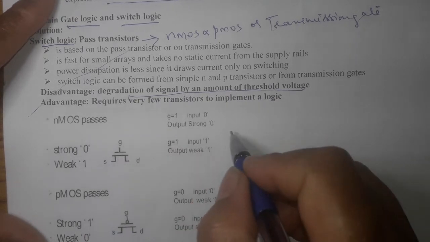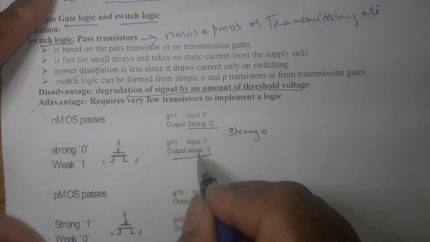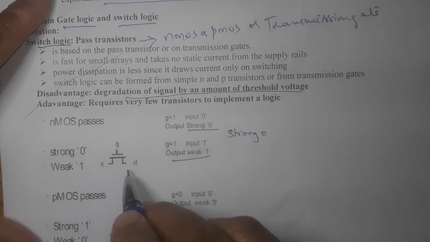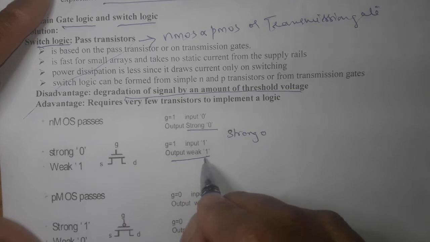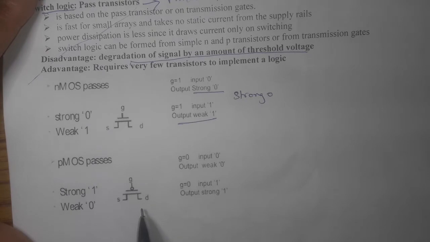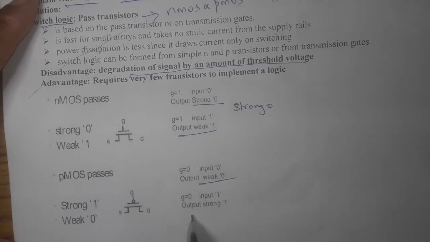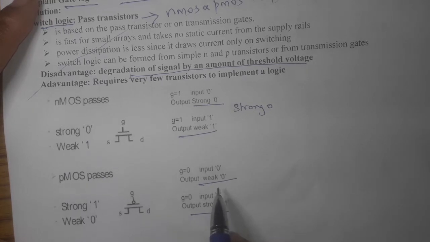We say NMOS is a strong 0, it is a weak 1, means that it is 100% efficient in pulling your output to 0, but it is not efficient in pulling your output high. When we talk about a PMOS, as explained previously with NMOS, PMOS is a weak 0 and a strong 1, means this is highly efficient in pulling your output high, but it is not efficient in pulling your output to 0.